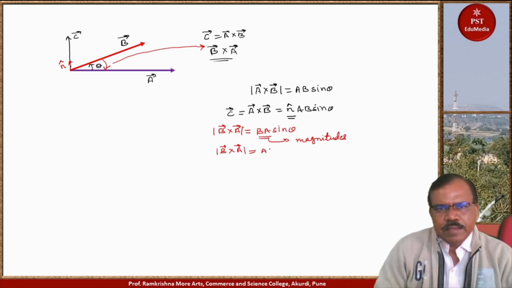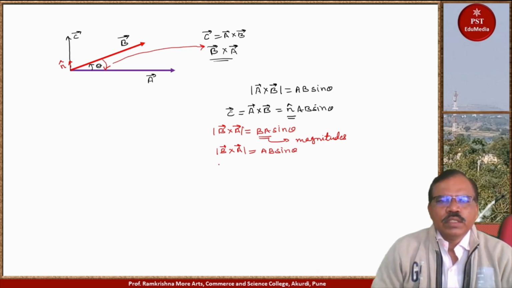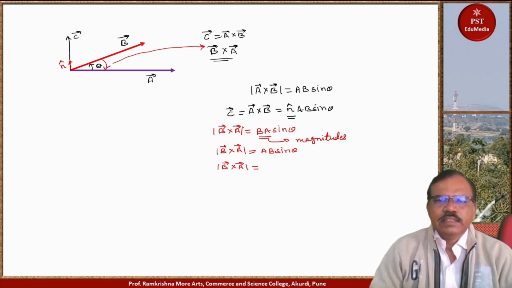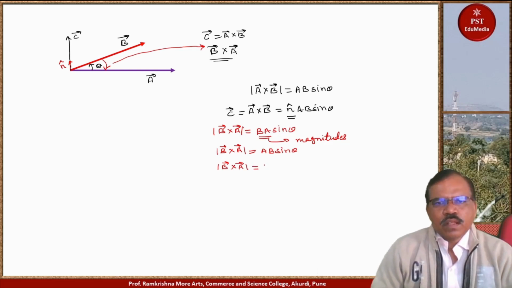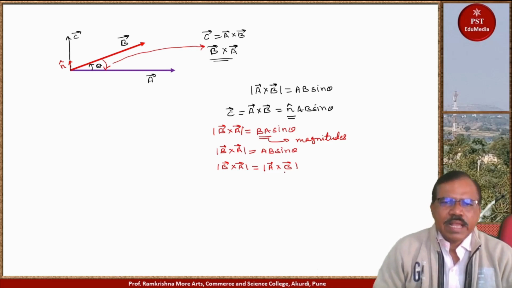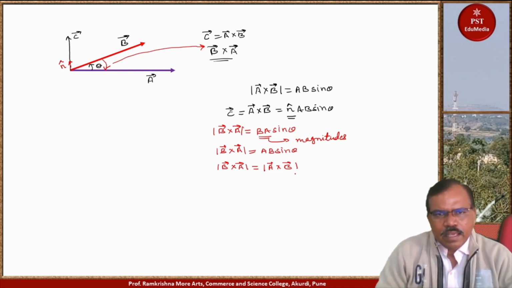So AB sin theta. So the magnitude of B cross A will be equal to the magnitude of A cross B.